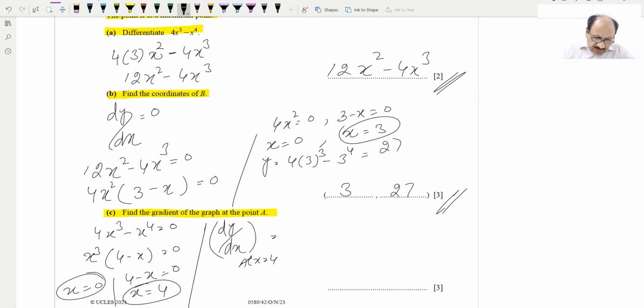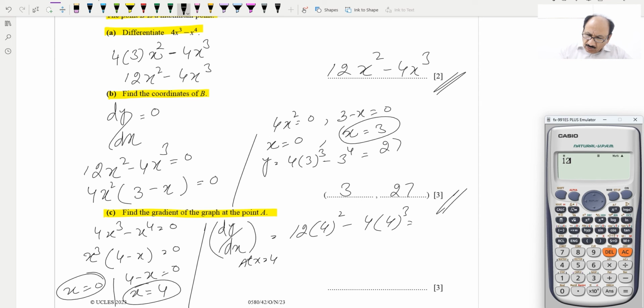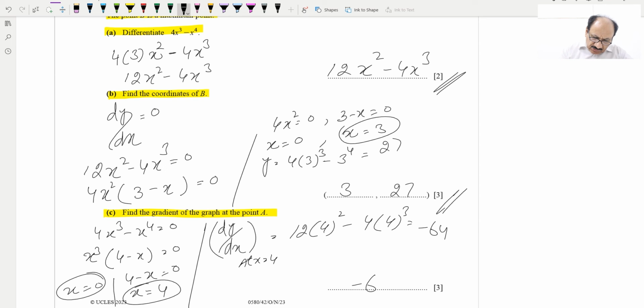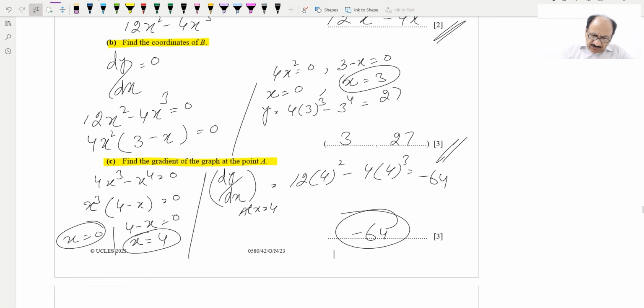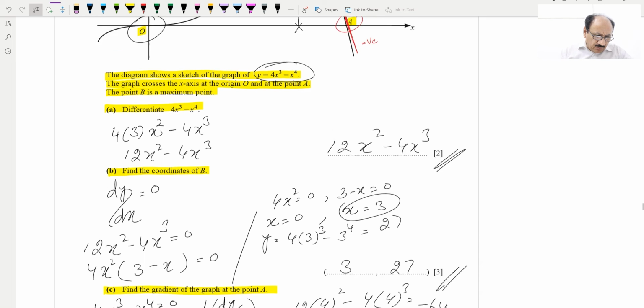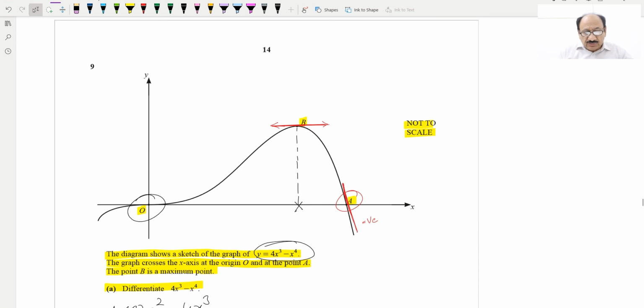So we write 12 into 4 squared minus 4 into 4 cubed, and we can use a calculator to find this. 12 into 4 squared minus 4 into 4 cubed is equal to minus 64. So minus 64 will be the gradient at this point, and this was a 3 mark question which we have done. Hopefully you understood this question.